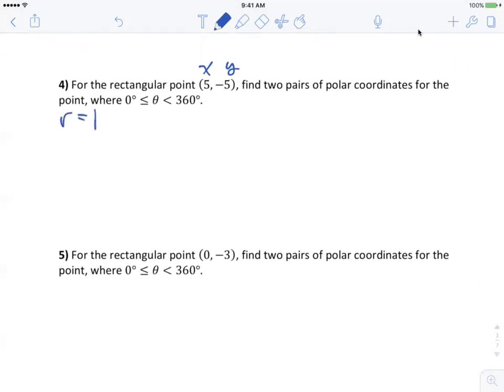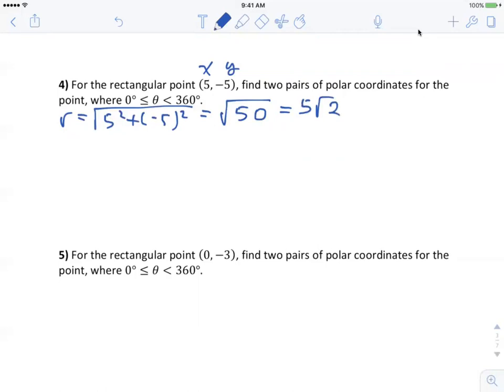R is the square root of x squared plus y squared, 5 squared plus -5 squared, which is the square root of 25 plus 25, 50, which reduces to 5 √2, right? Because 50 is 25 times 2, square root of 25 is 5. So 5 √2. And then I need the angle.